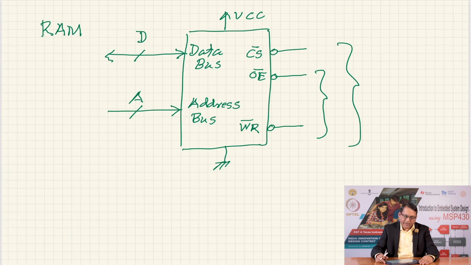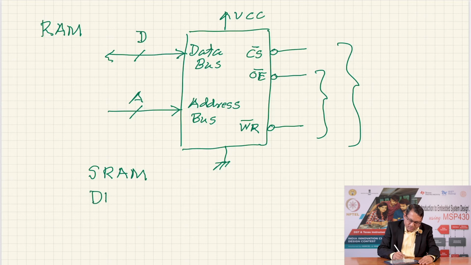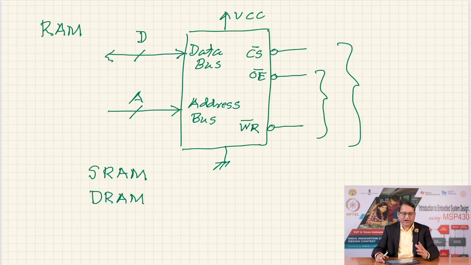When we look at the RAM devices, primarily you have two types of devices called SRAM and DRAM. SRAM stands for static random access memory and DRAM stands for dynamic RAM. Static RAM is easier to use because you simply provide the address, you provide the control signals and data would come out, or you could write data into it.